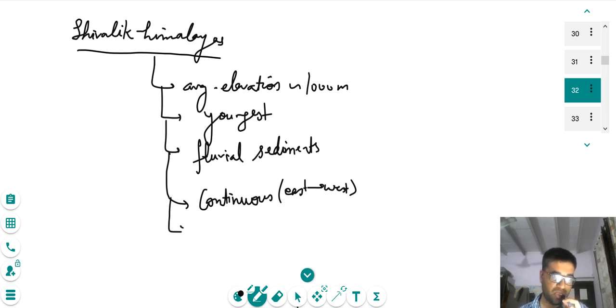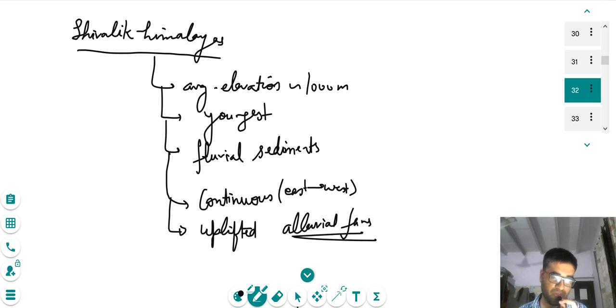And they are the uplifted alluvial fans. What are alluvial fans? You must know that when a river descends from the steep mountains, it forms conical deposits at the base of these ranges.